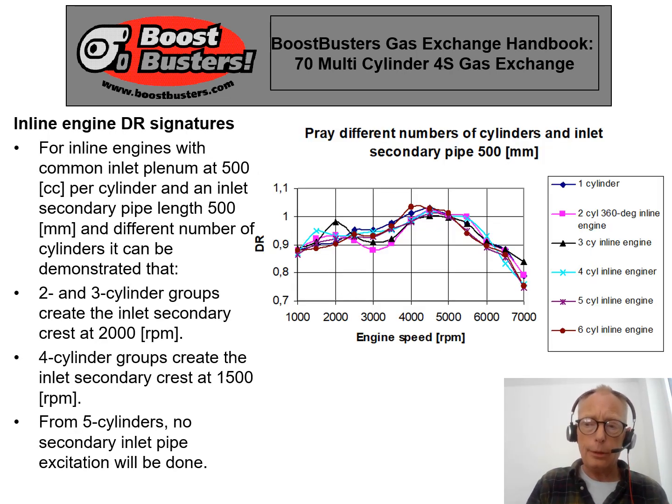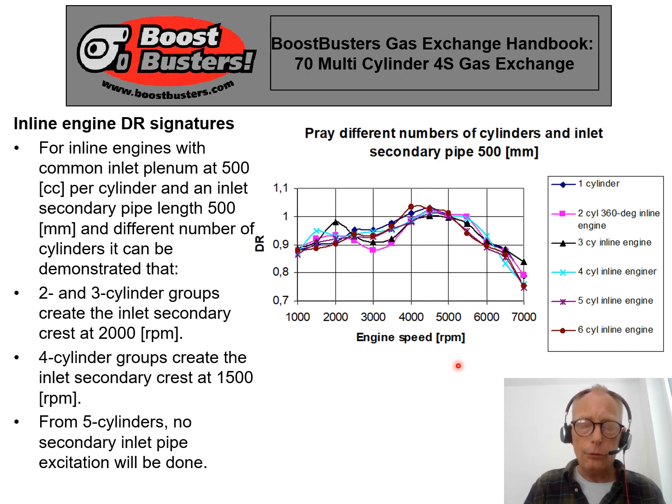Different inline 4-stroke engines with a common plenum and even firing, between 1 and 6 cylinders, have been identified with the average volumetric efficiency, not for each cylinder, but one delivery ratio curve for each engine with one specific number of cylinders.